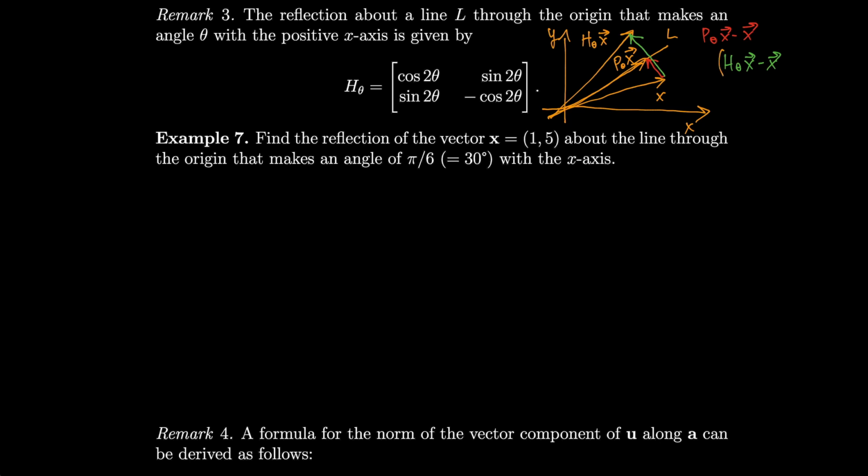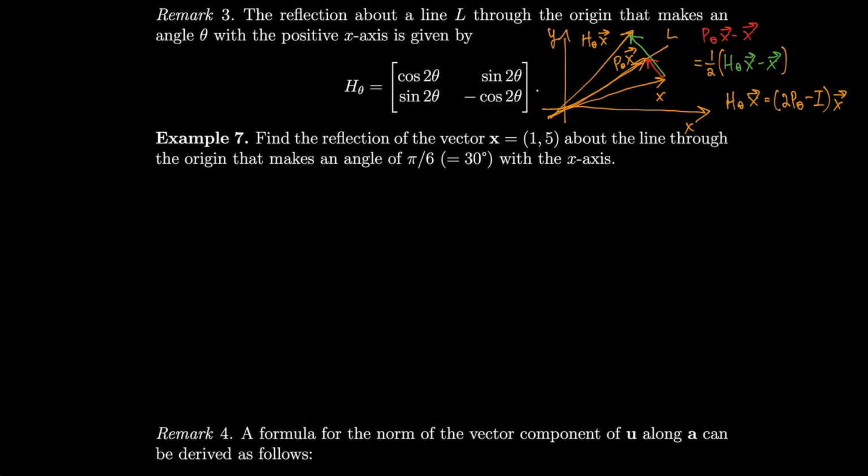So if I multiply that by 1/2, I should get as much as the red one. So these guys would be equal then. Solving for H theta, H theta of x should be equal to 2 P theta minus the identity times x. So H theta is 2 P theta minus the identity, and you could verify that that's actually what we get over here as H of theta.